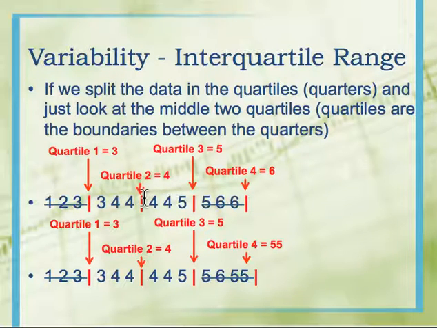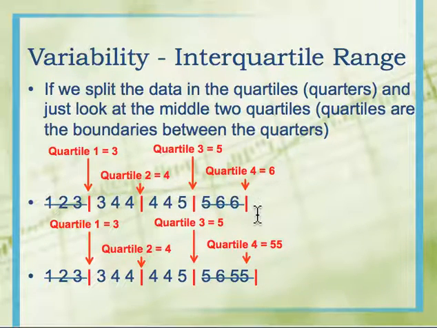The second quartile is actually the same thing as the median, and it represents the boundary between the second quarter and the third quarter. The third quartile represents the boundary between the third quarter and the fourth quarter, and then the fourth quartile is just at the top. Now, the things that we're interested in are the third and the first, right? The boundaries that get rid of the top 25% and bottom 25%.